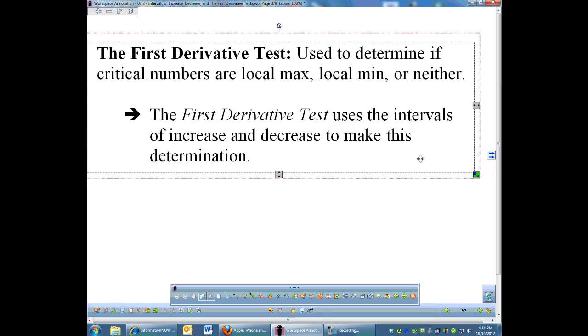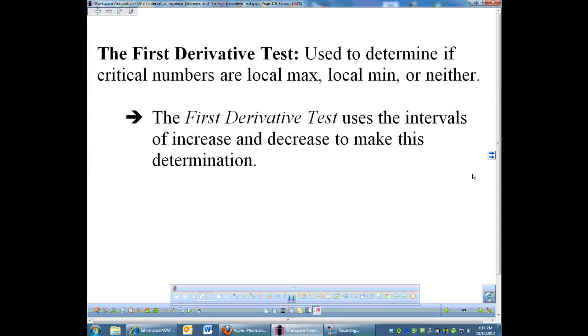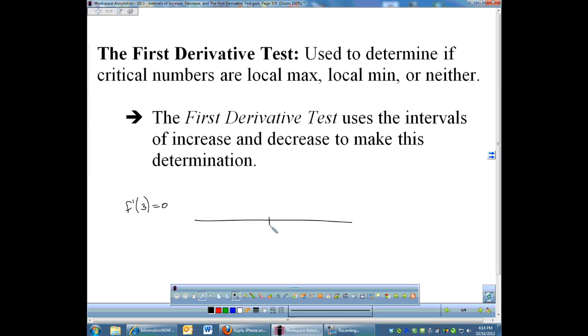What the first derivative test does is, if you have a critical number, it tells you whether that critical number is a local max, a local min, or neither. It looks at the intervals of increase and decrease to figure that out. For example, let's pretend that f prime of 3 is equal to 0. I do my little sign analysis, a chart where I plug 3 on the number line and say the derivative is 0 at 3.